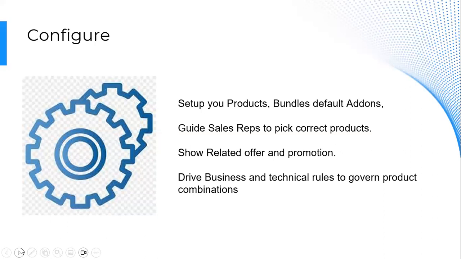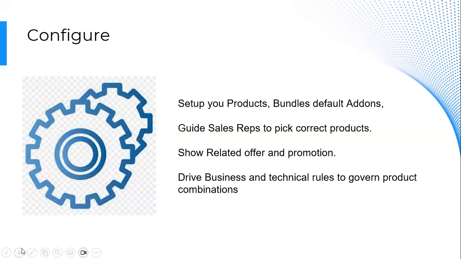Using the configure option inside CPQ, we can create products, bundles, and default add-ons. We can guide sales reps to pick the correct product, show related offers and promotions, and drive business and technical rules to govern product combinations. These things come under configuration.